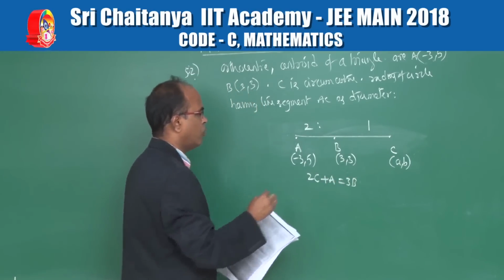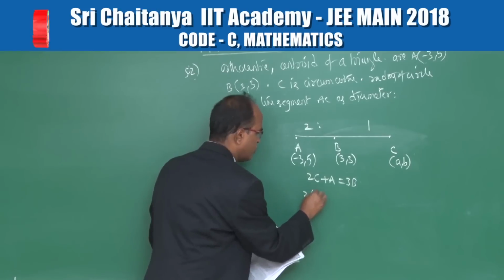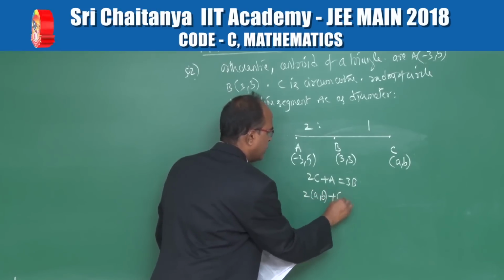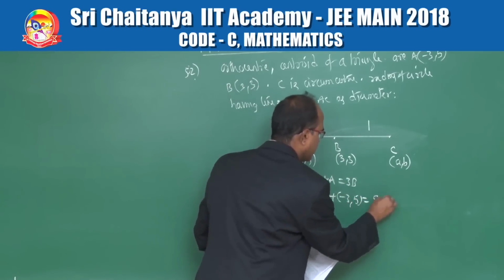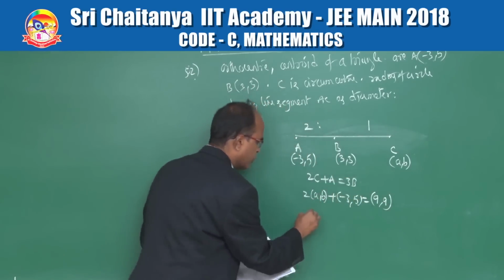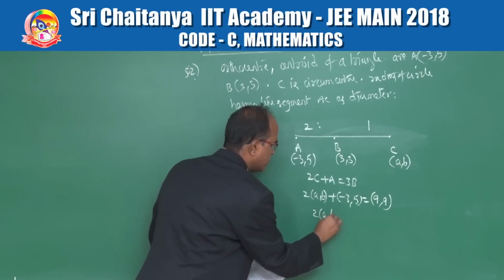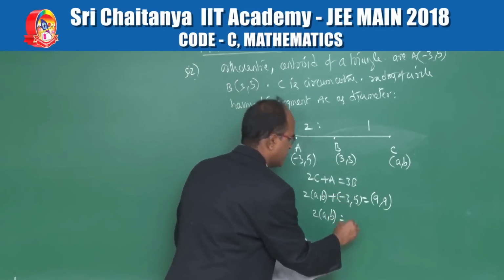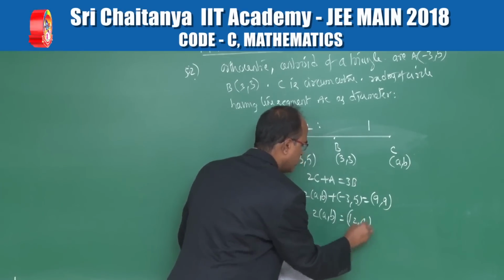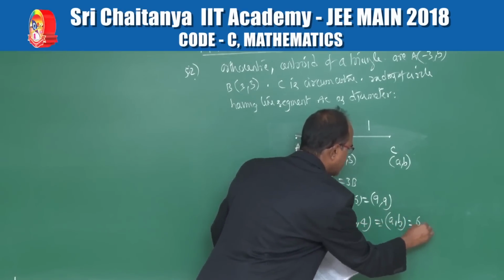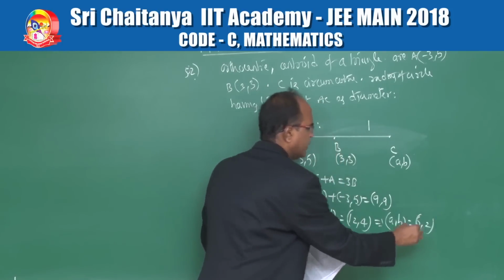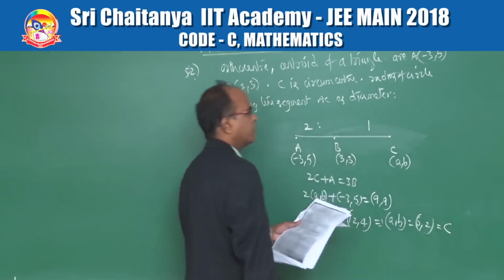So, substituting the coordinates gives 2 times C plus -3 5 is 9 9. So, therefore, we have 2 times C is 12 4, therefore, C comes out to be 6 2, and this is nothing but the circumcenter.